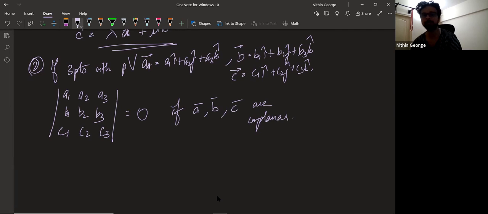When you write A, B, and C like this in terms of their components along the rectangular axes, what will happen here is that the 3 vectors can form a volume, right? They cannot be in the same plane. Like you put your fingers out like this, you can see that the 3 vectors you're forming with your fingers are giving you a volume.